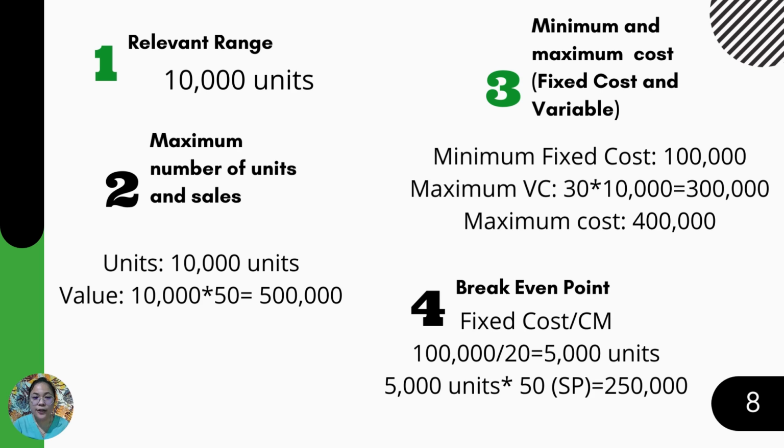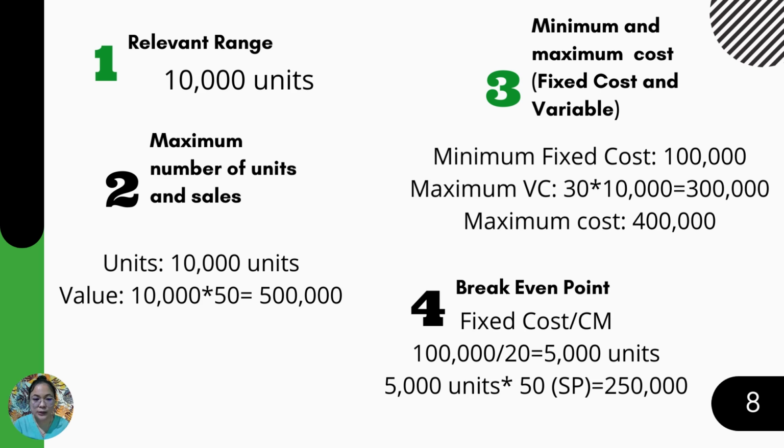Relevant range. The relevant range is at 10,000 units, which is the maximum capacity. The selling price is 50, meaning if all those units will be sold, we can have a revenue of 500,000. The variable cost is at 30, meaning the maximum variable cost will be 300,000 plus a fixed cost of 100,000, so our total cost is at 400,000.